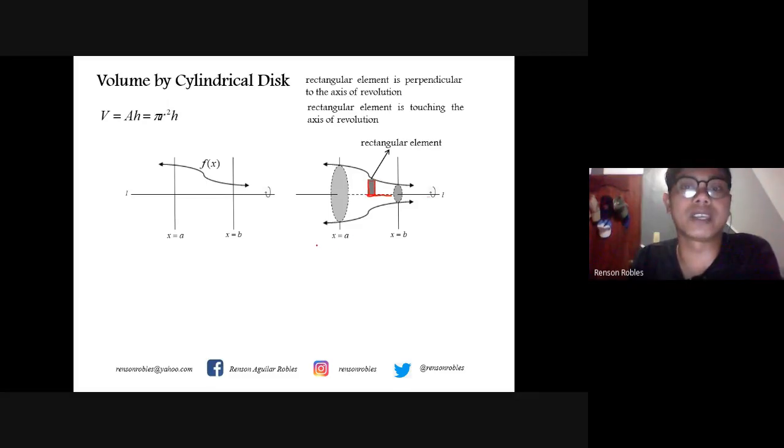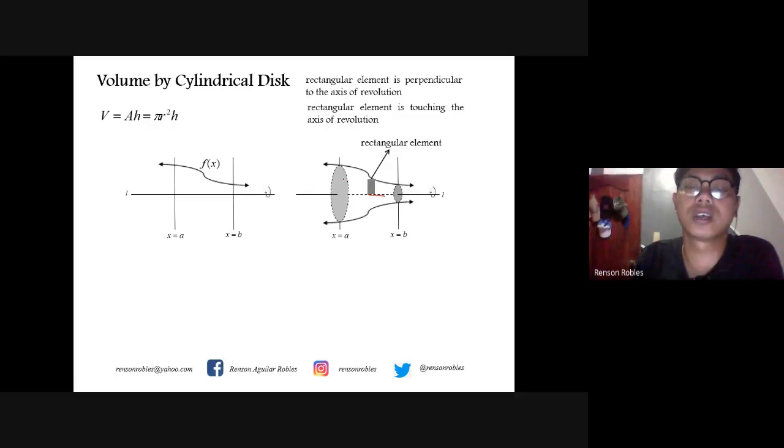Why is that happening? It's because the axis of revolution is one of the boundaries of this region, the line L. With that, the rectangular element drawn will be touching the axis of revolution, and that's another condition for using the cylindrical disc method: the rectangular element is touching the axis of revolution, or the rectangular element is part of the region.